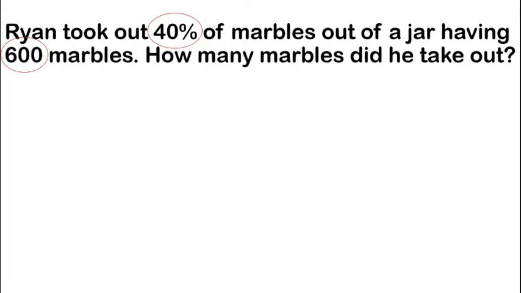It is "out of" or "of". When you say "of", it means that we need to multiply. So the portion, 40%, we need to multiply to the total number of our marbles, which is 600. So 40% times 600 is equal to blank.